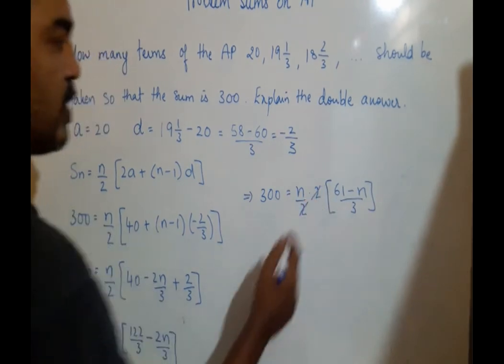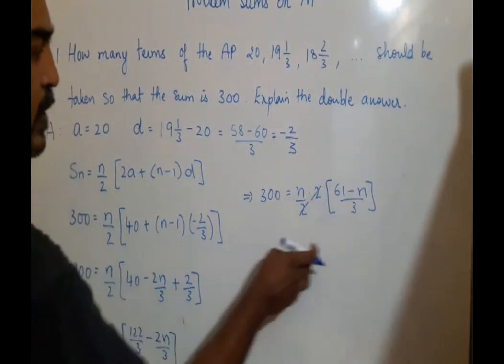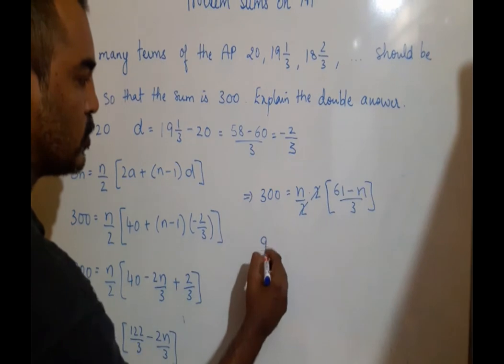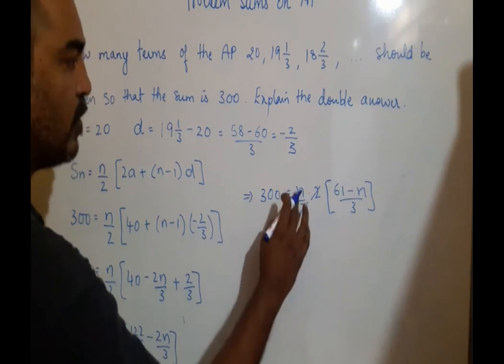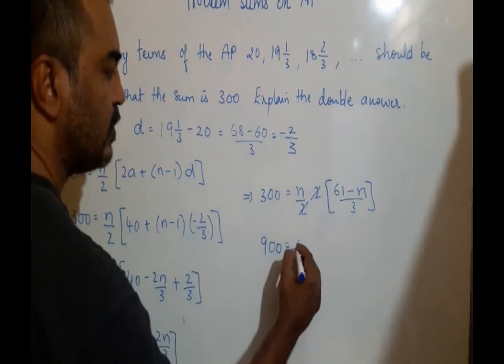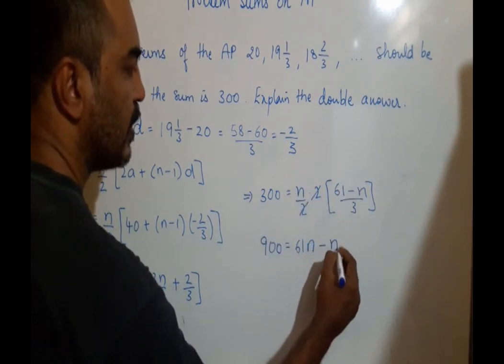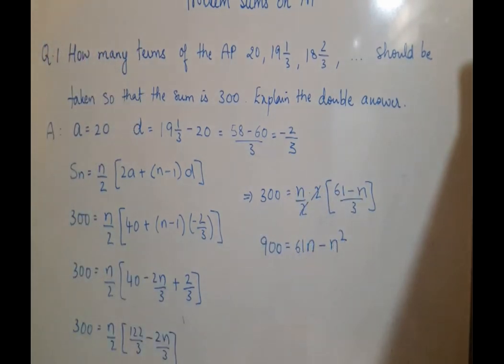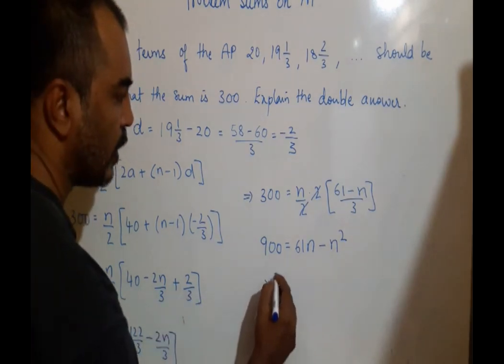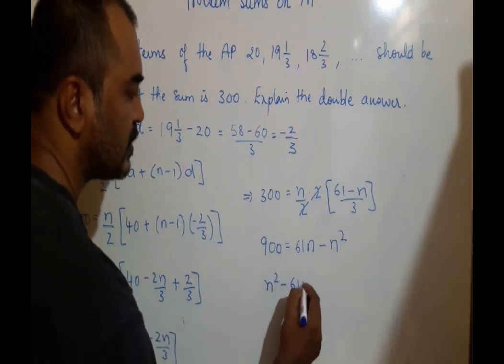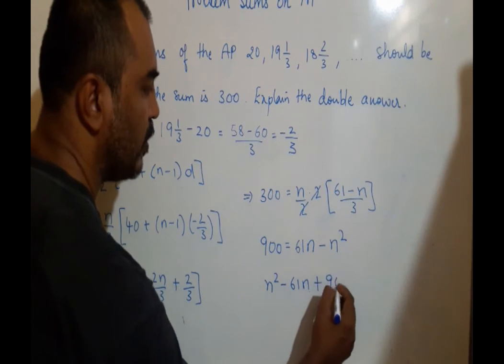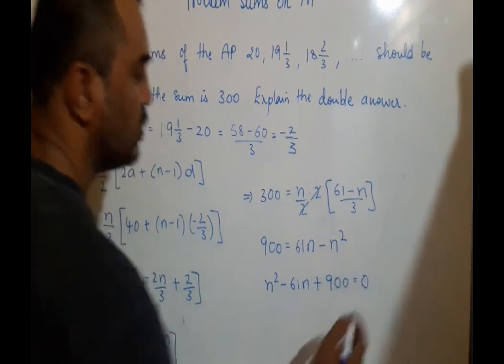This 2 and this 2 get cut off. 3 in the denominator gets multiplied here. So 900 equal to n into 61, 61n, n into n minus n square. On rearranging we get n square minus 61n plus 900 equal to 0.